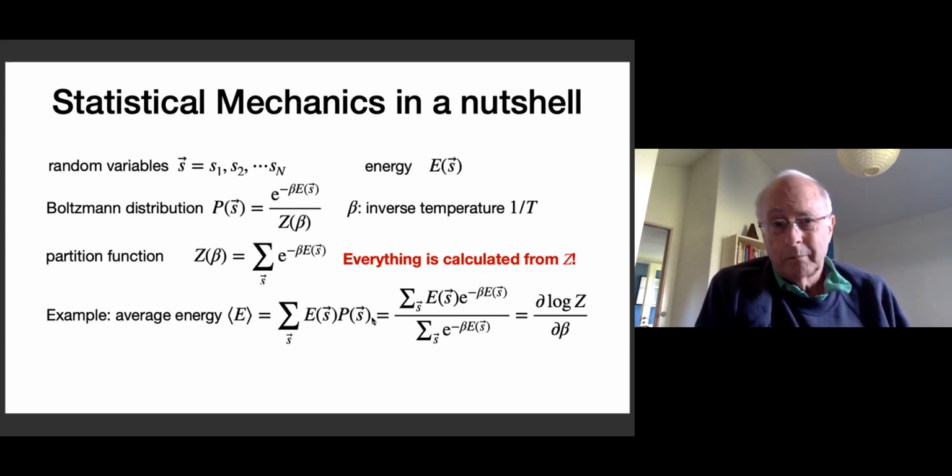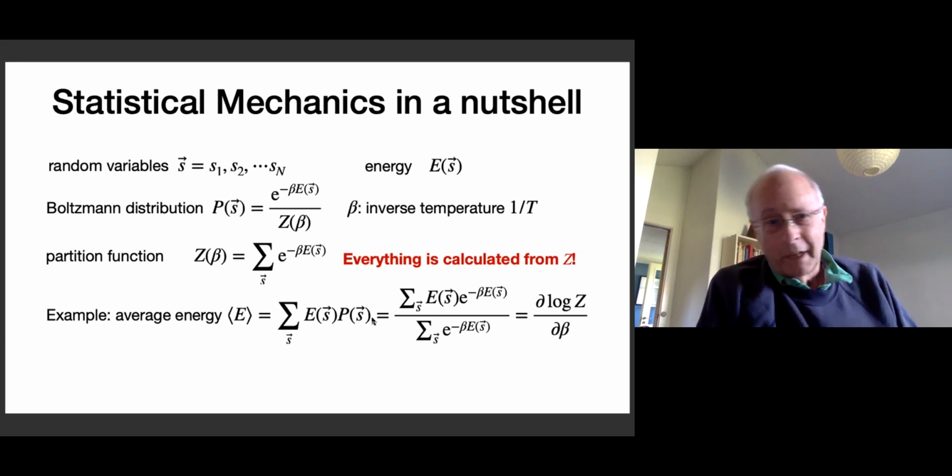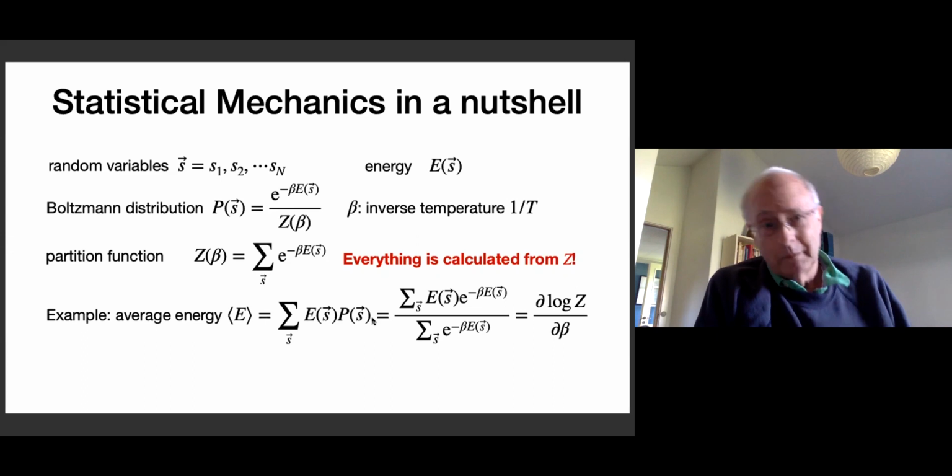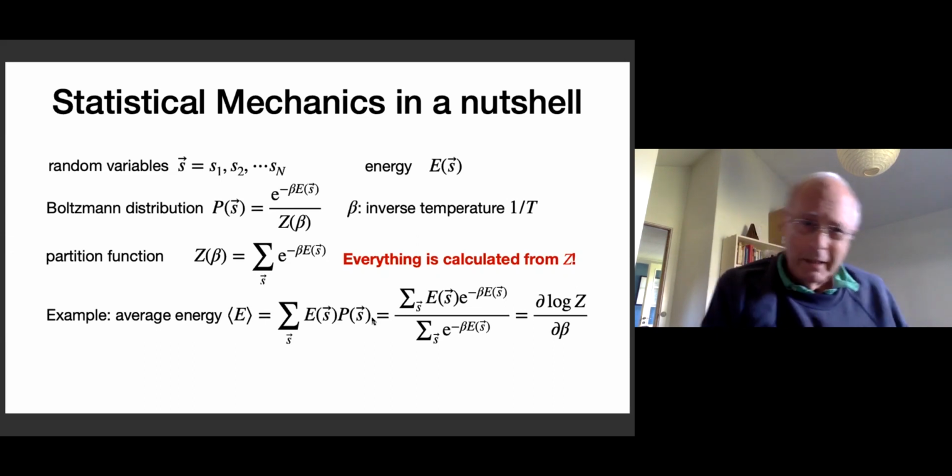So you multiply E of S by the P of S up in the second line there, sum over S, and you get that expression. And then you realize you could have gotten that if you knew Z of beta, just by differentiating with respect to beta and then dividing by Z again. And that's the derivative of the log of Z. Sorry, I say Z half the time and Z half the time.